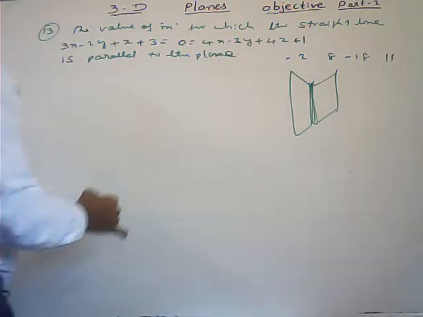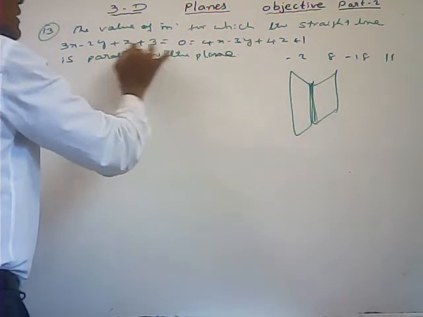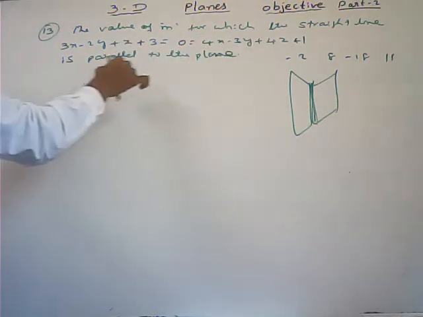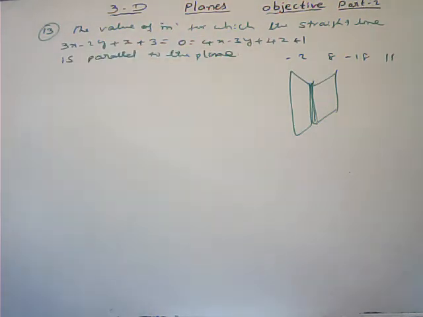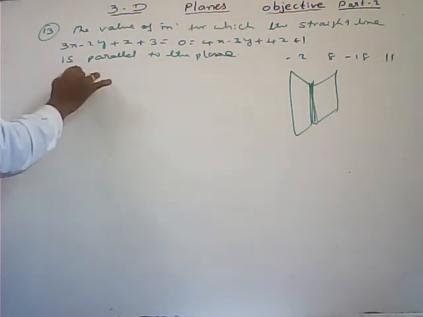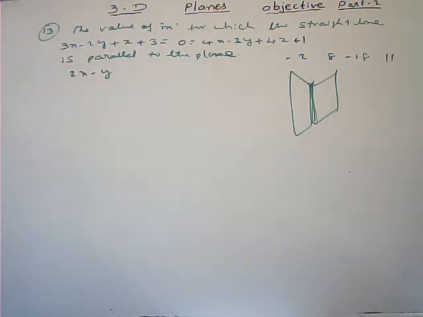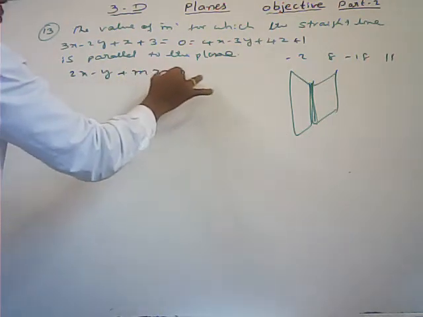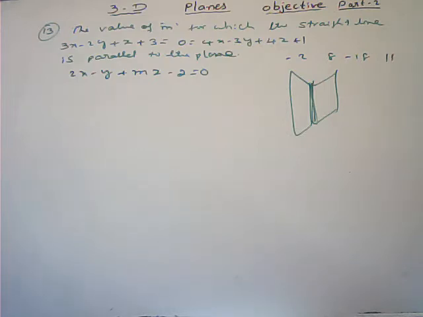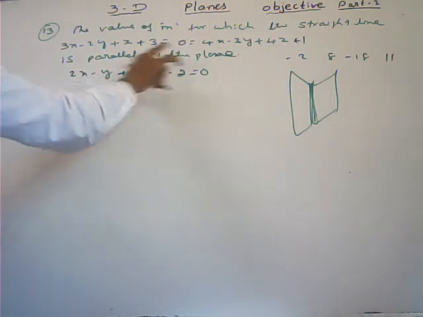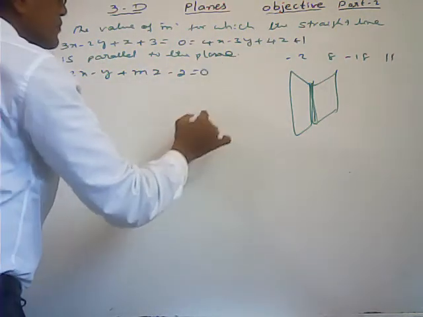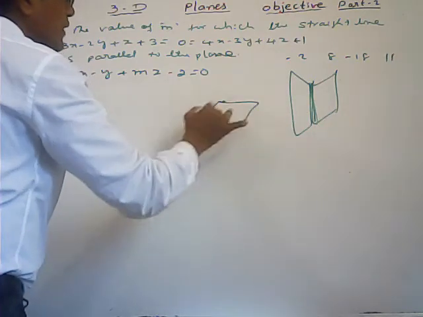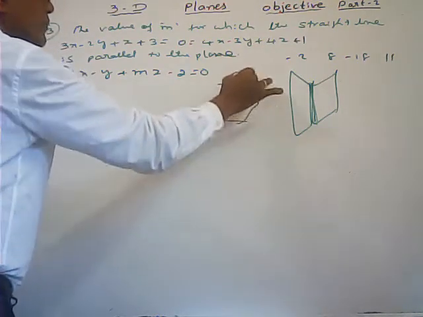So the value of m for which this line of intersection is parallel to the plane 2x minus y plus mz minus 2 equals 0. That line of intersection should be parallel to the plane.